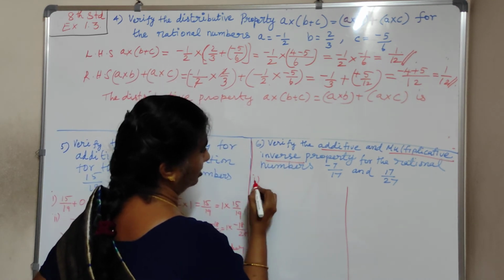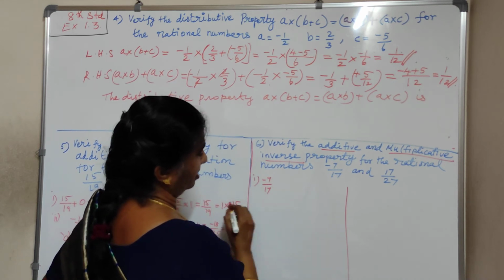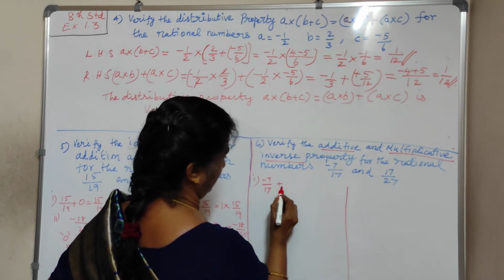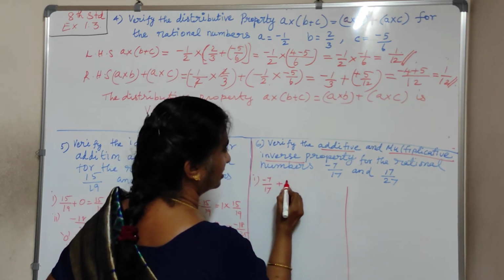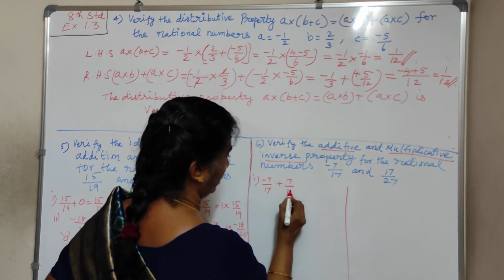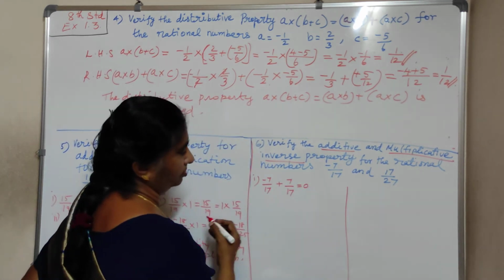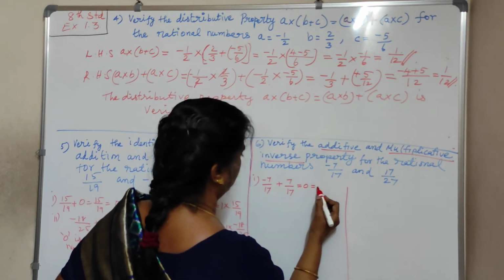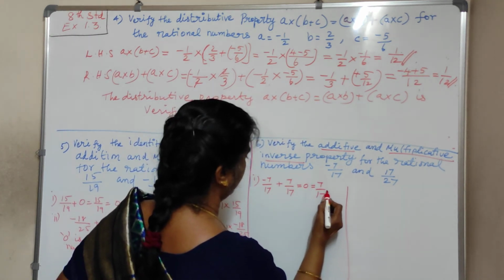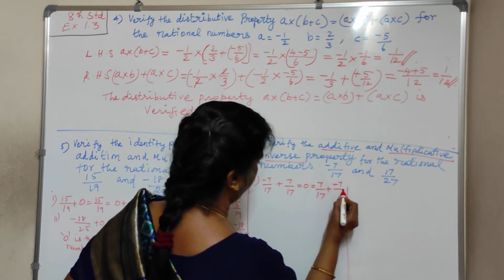For first one, minus 7 by 17 plus, what you will get? Plus 7 by 17. That is equal to 0. Which is equal to 7 by 17 plus minus 7 by 17.